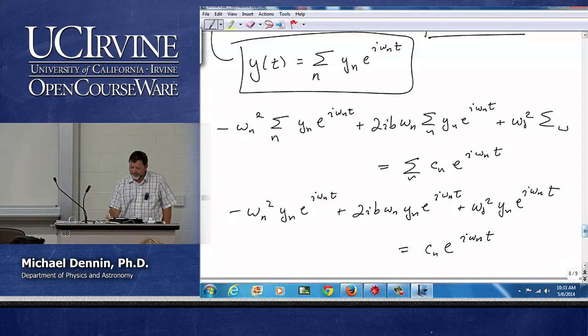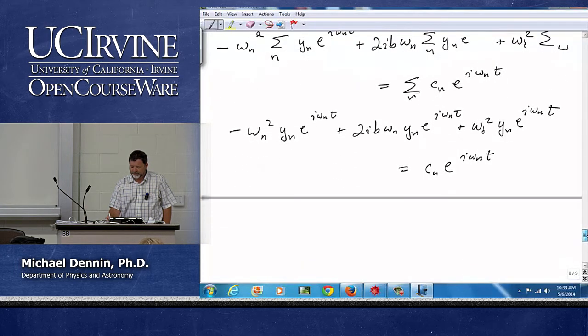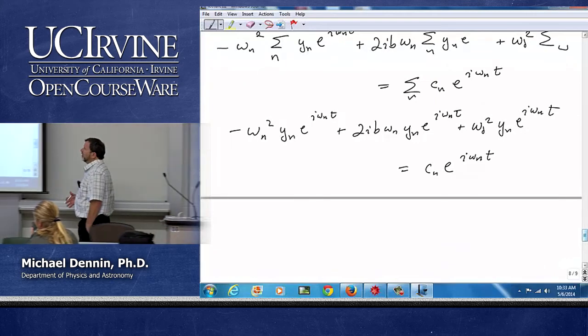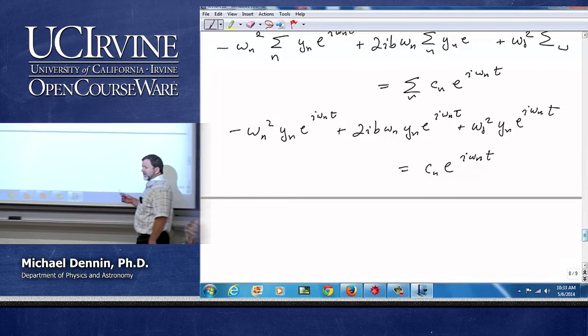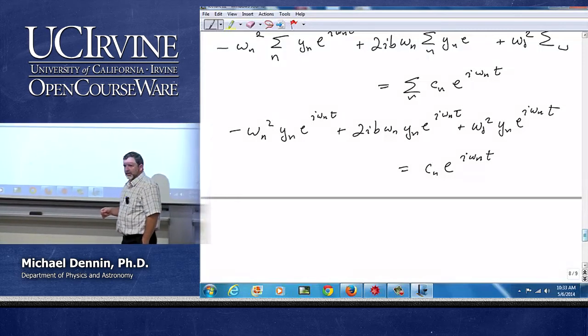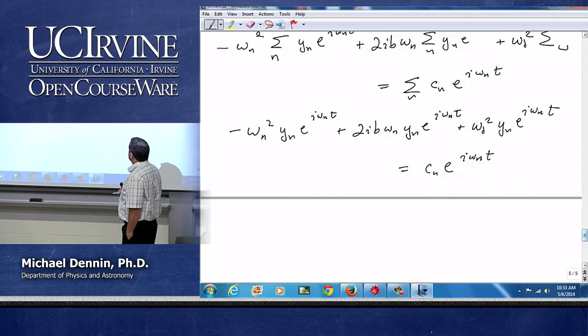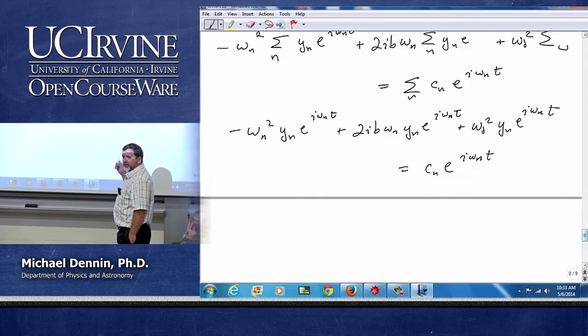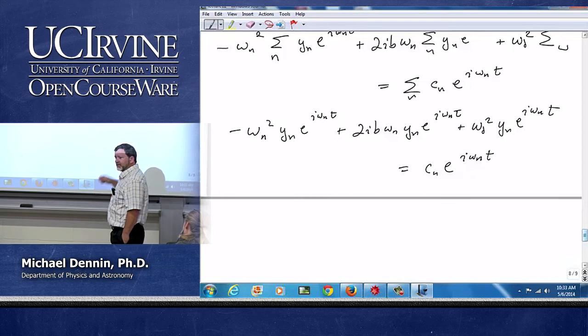And for this equation to be true, what does it have to be true as? That wasn't really a good English question. But this has to be true for what? Every single, what can I factor out now? I can certainly factor out the e to the i omega n t, because it's got to be true term by term. Right? It can't be that an e to the i omega 6 cancels an e to the i omega 3.